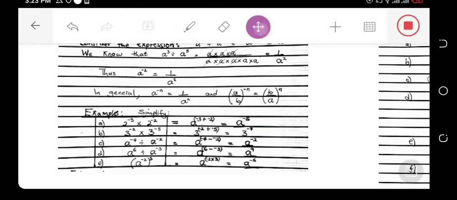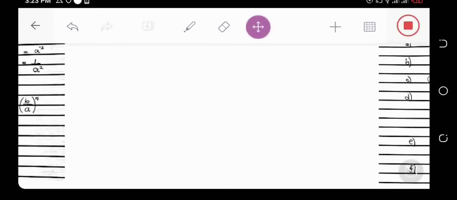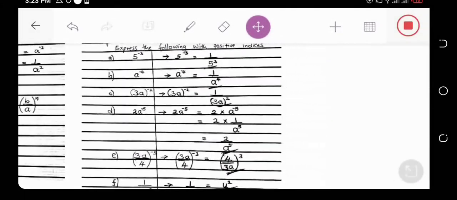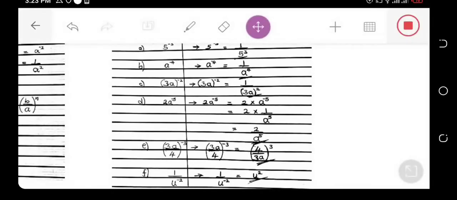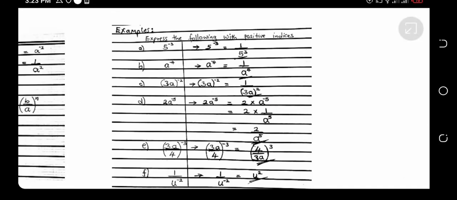We can look at another exercise. Express the following with positive indices. Here we have 5 to power negative 3, and to make the power positive, just take a reciprocal, so the answer is 1 divided by 5 to power 3.